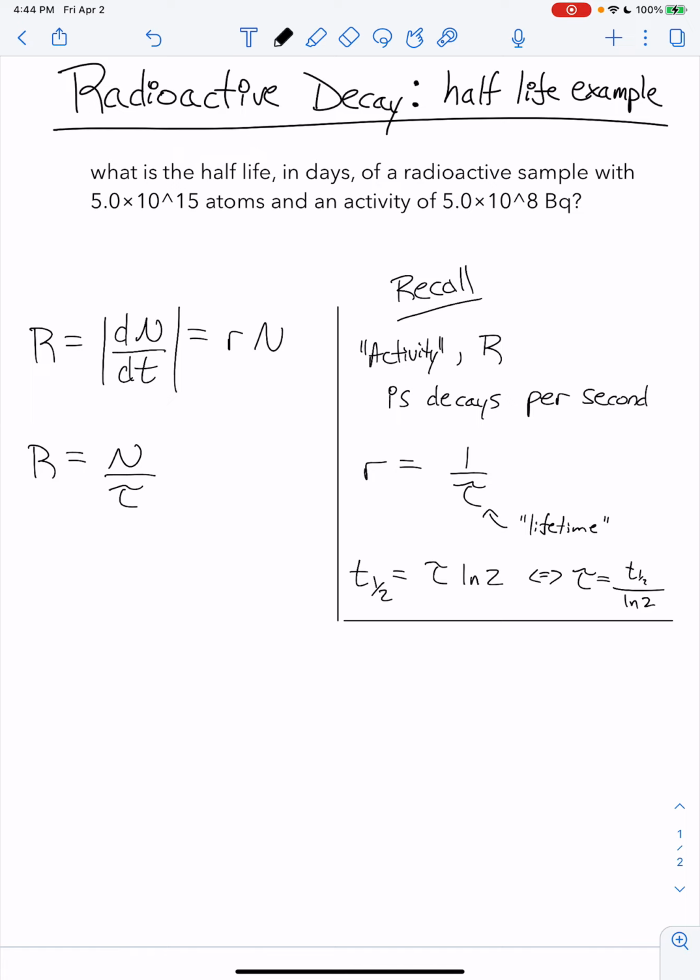And so let's substitute that in. Okay, so we can say, well, R is equal to N ln 2 over our half-life. So then our R value is going to be ln 2 and then N over our half-life.